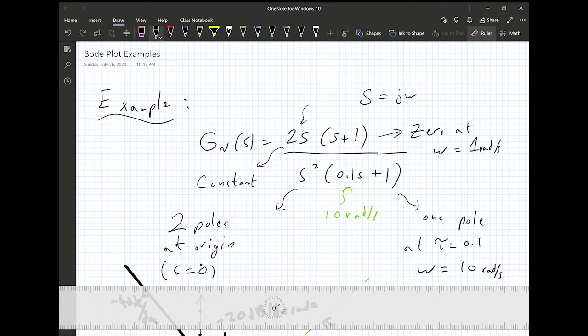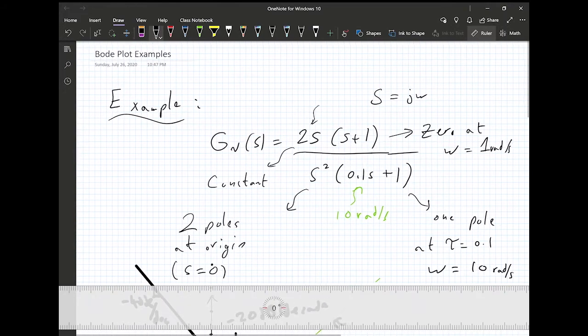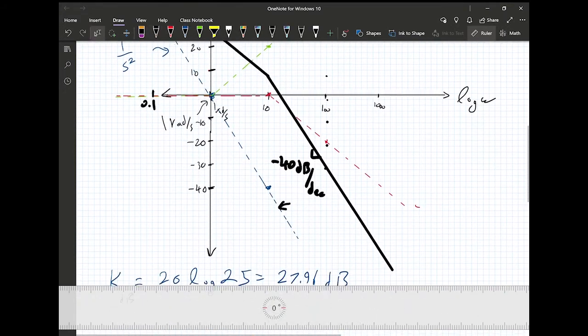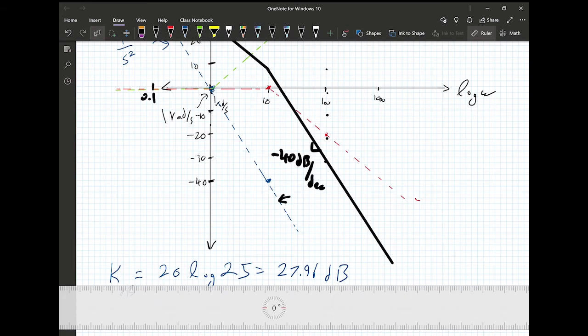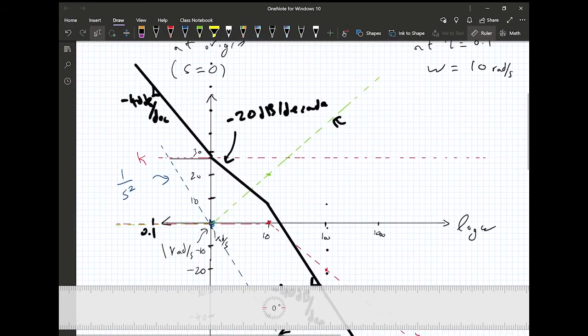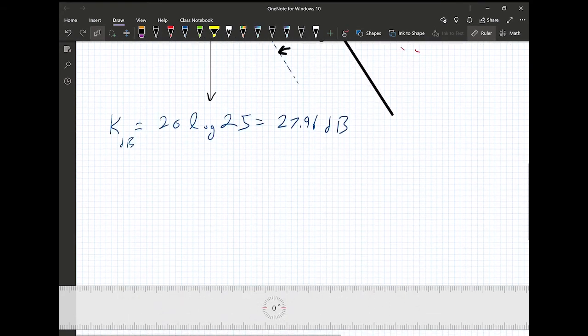So for 1 rad per second, we'll be interested in 0.1 and 10. For 10 rad per second, we'll be interested in 1 and 100. So I think it's fine to copy the same thing.